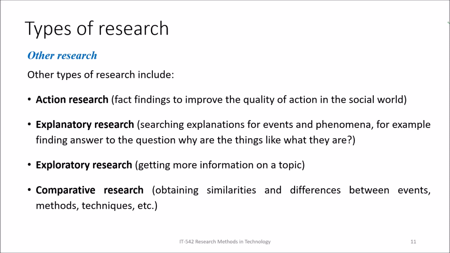Existing techniques, methods, models, whatever there are, you have to compare, and based on that you have to give some conclusions and results, and that will be extended to a new innovative model, new innovative technique, new innovative method, something like that. So comparative research is one of the good research types that can be used by researchers, because existing things are now so many, right?